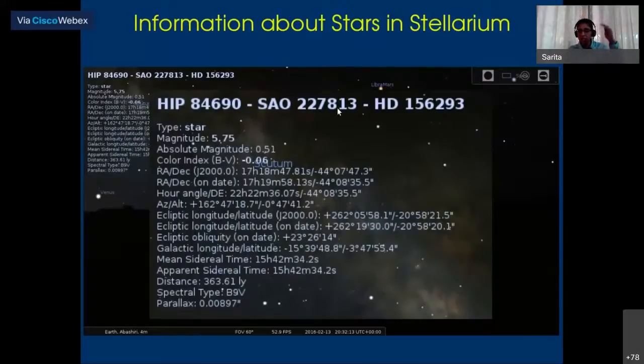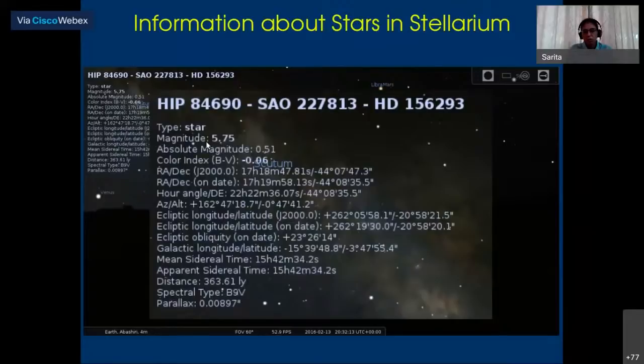Then this is also listed in the HD catalog, which is the Henry Draper catalog. So in the Henry Draper catalog, this is the entry number, 156,293. And what is this type of object? This is a star. So the same star may be there in different catalogs.